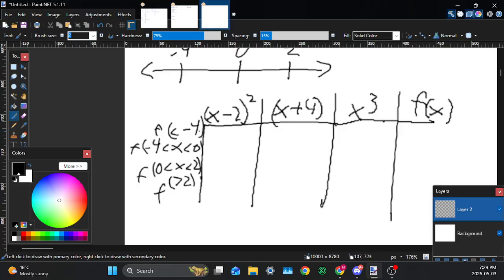So first of all, this one is positive. Anything less than negative 4, that's going to result in a negative for x plus 4 because it won't add up. And then any negative number to the power of 3 is negative. And then both of these are positive because any positive number to the power of 3 is positive as well.